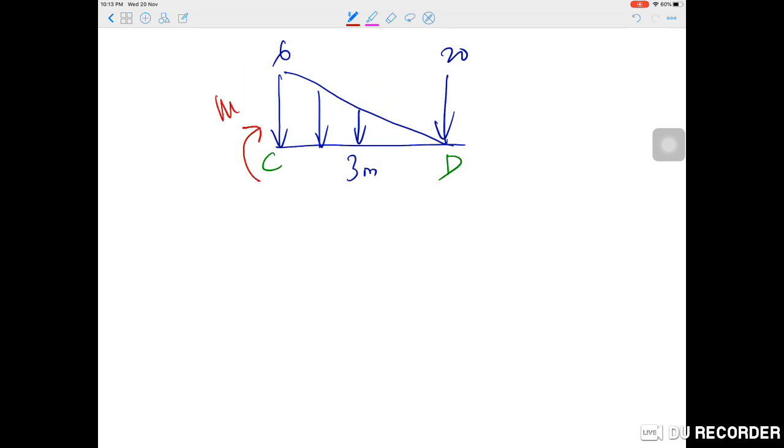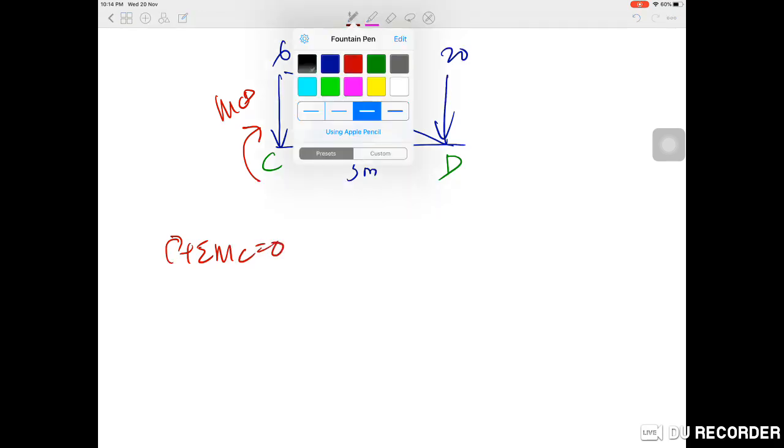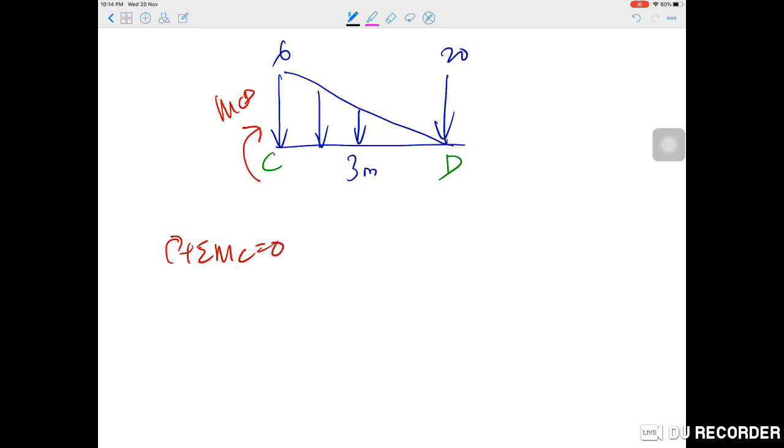This is MCD. By using the equilibrium condition, the sum of moments at C is equal to 0. So we solve this using the concept that we have learned in solid mechanics, calculating reactions, but this is an internal moment. MCD is positive, plus for the triangular load, the force is equal to the area.